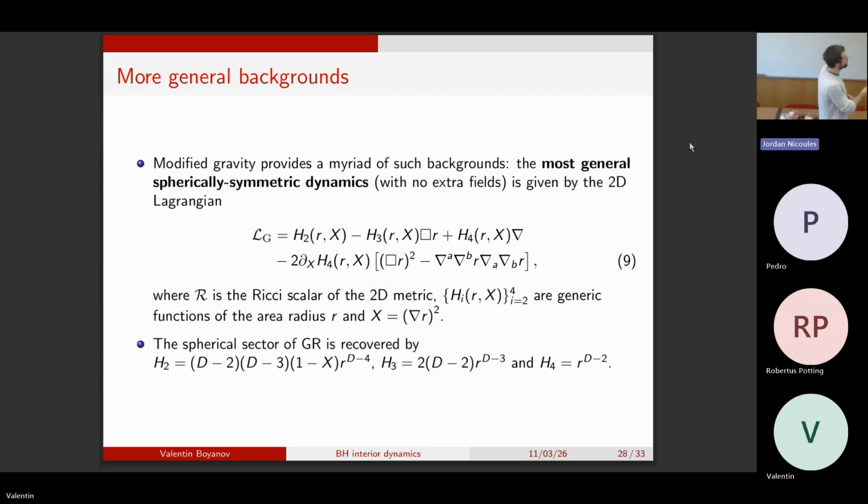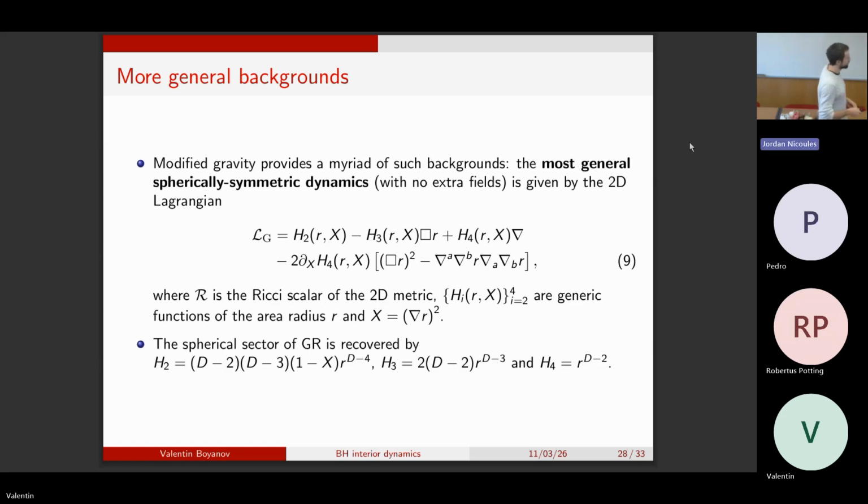So for more generic backgrounds, we started considering backgrounds which come from two-dimensional core density theories, and they can be considered the spherical reduction of four-dimensional or even higher-dimensional theories.